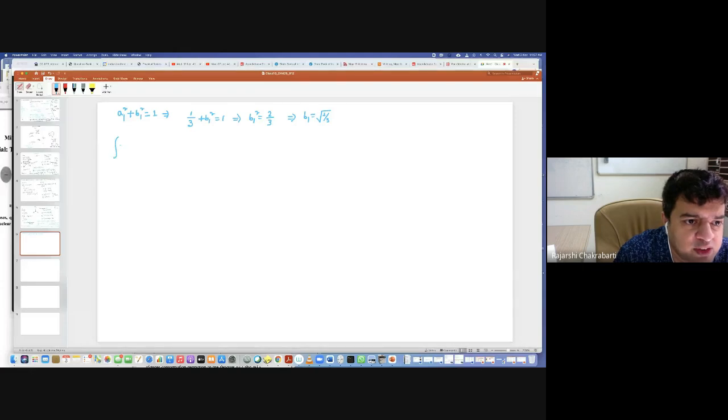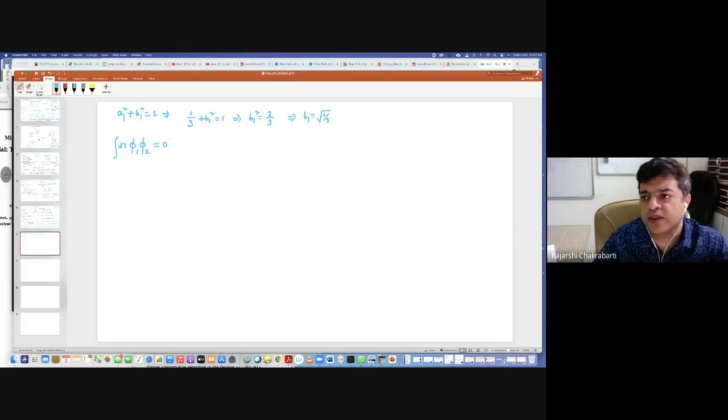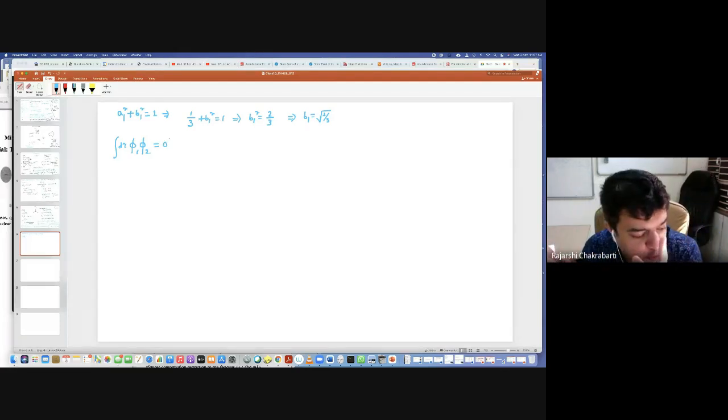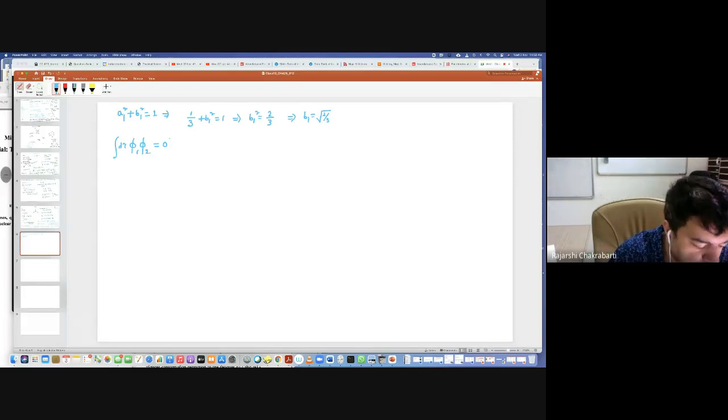Now let us do the integral d tau phi 1 phi 2. What is the answer? 0, because these hybrid orbitals are also orthogonal to each other. So phi 1 phi 2, if you integrate over all space, it has to be 0. What is phi 1? Phi 1 is a1 2s plus b1 2px.